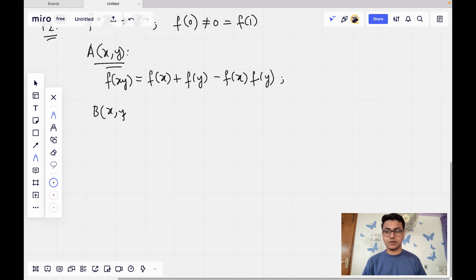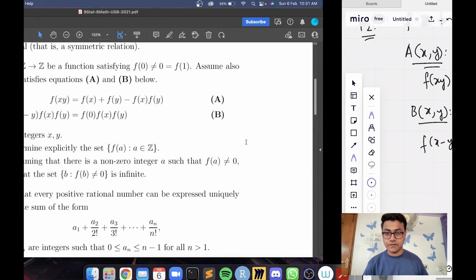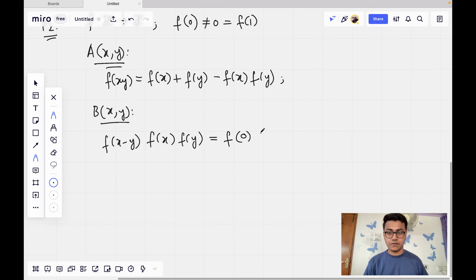And by B(x, y), I mean this assertion: f(x minus y) f(x) f(y) equals f(0) f(x) f(y), right?